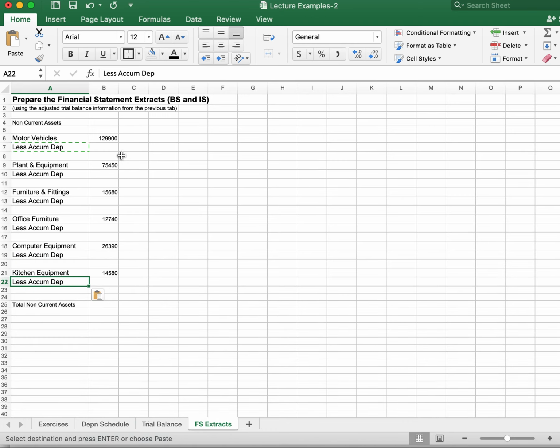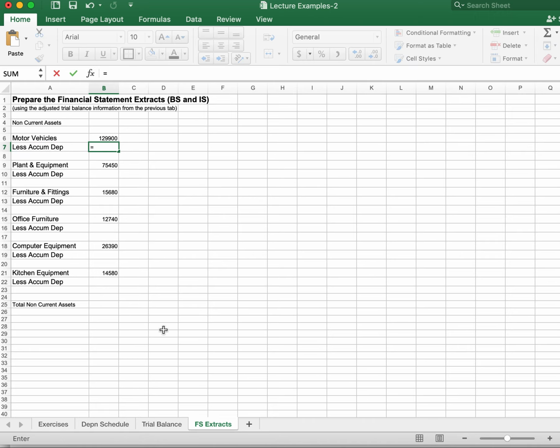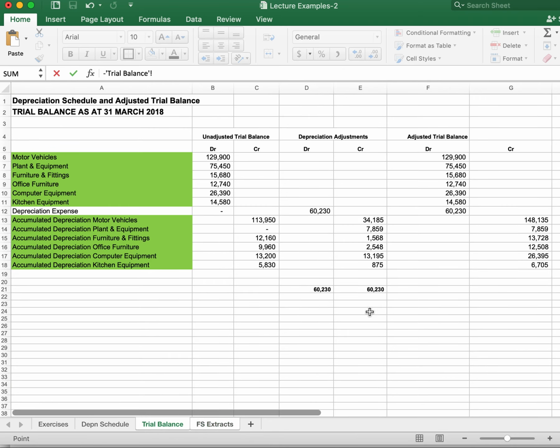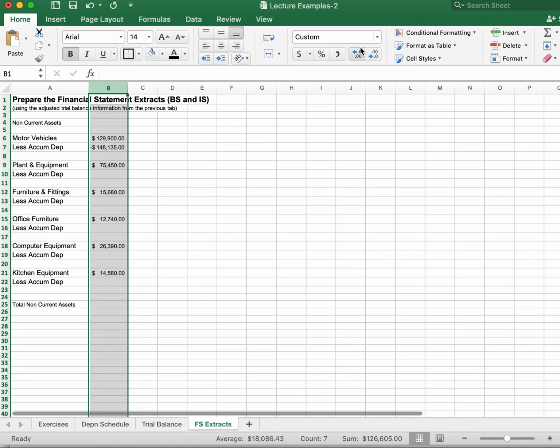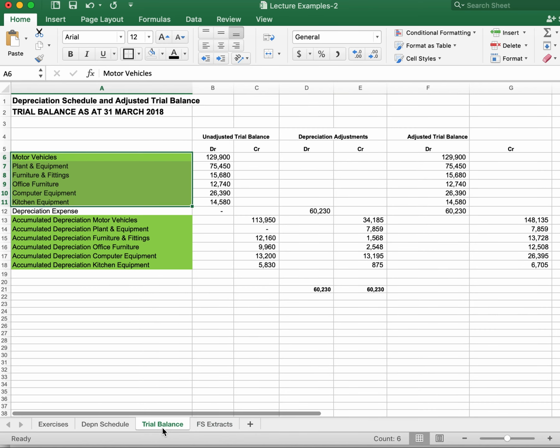Whatever it is, you can either put it as a positive and then do your formula as a minus. I sometimes just say I'm going to use it as a minus because then my formula will be easier to do. That doesn't quite look right, does it?